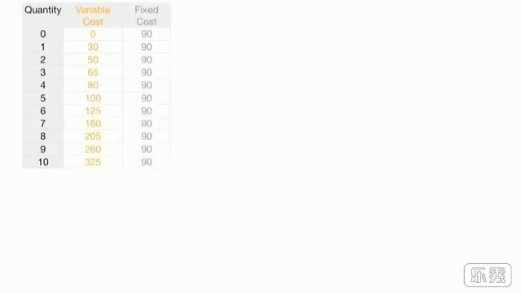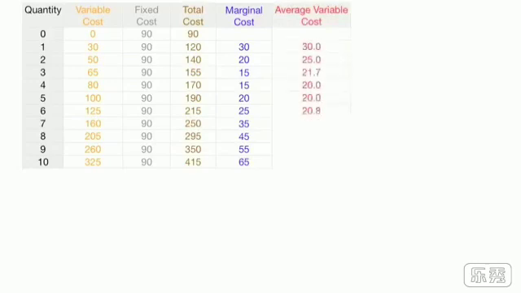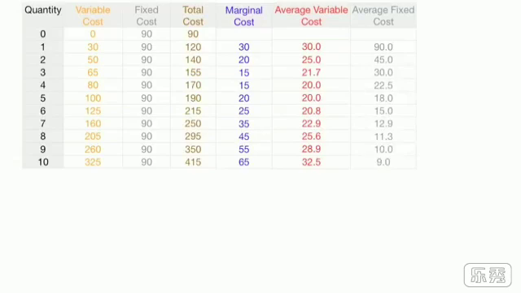I'm going to add a bunch more columns in here. Quantity, variable cost, fixed cost, total cost, marginal cost, average variable cost. Average variable cost is equal to variable cost divided by quantity. Average fixed cost is equal to, as you probably guessed, fixed cost divided by quantity.